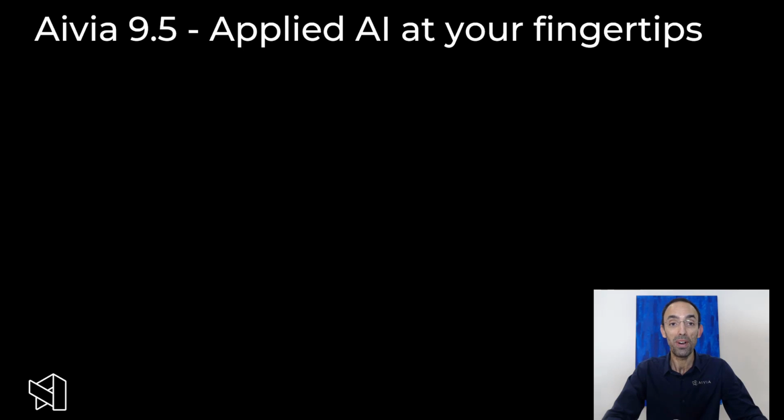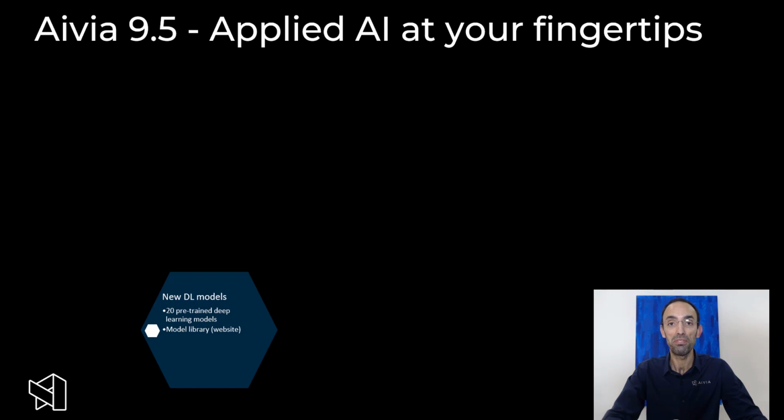Aivia 9.5 has quite a lot of new functionality, both on the AI microscopy side of things, but not only. We will introduce today 20 new models that we've pre-trained and they're ready to use. They cover 7 organelles and 3 different imaging modalities.